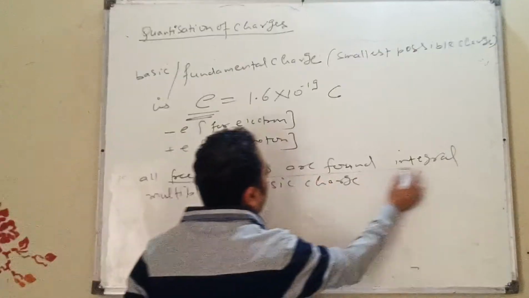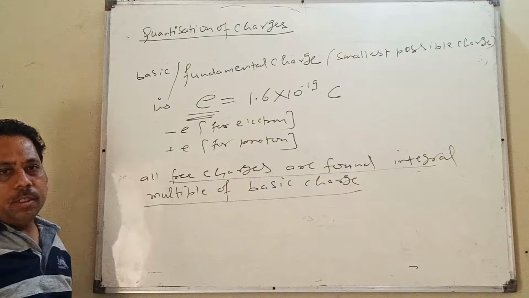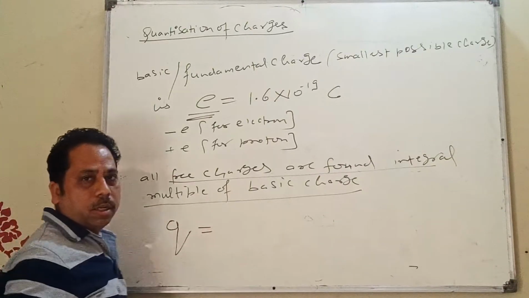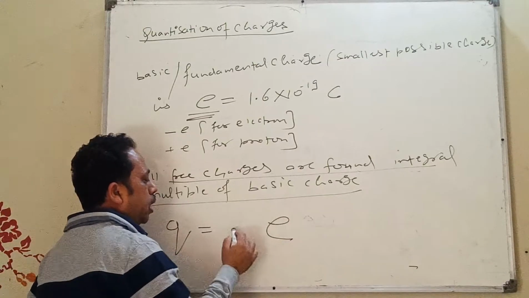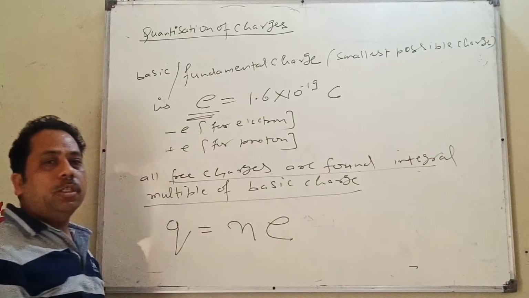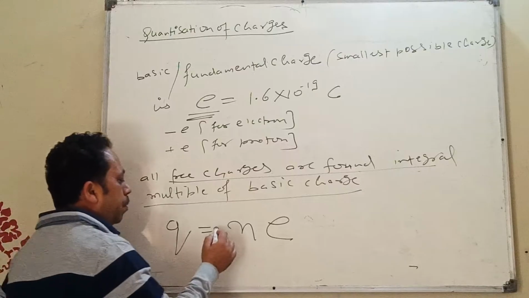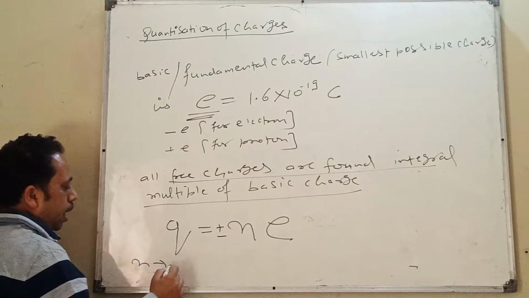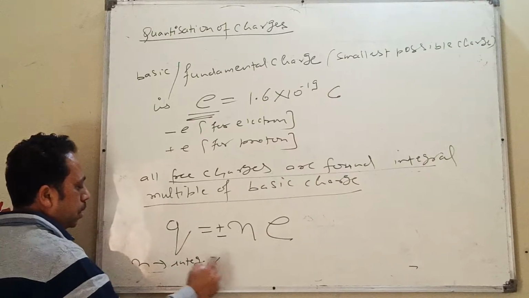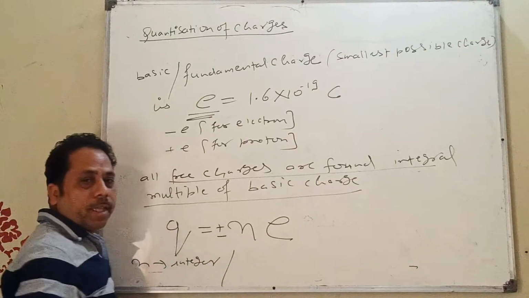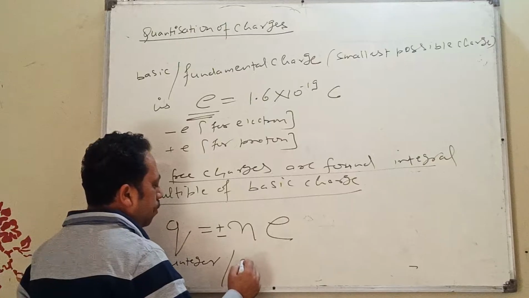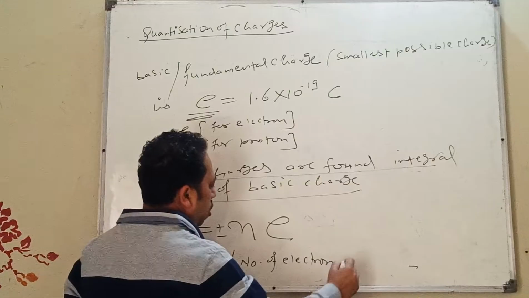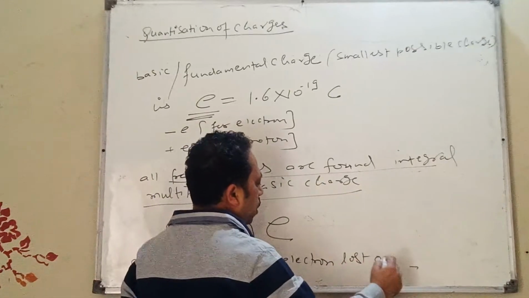This is very important. It can be positive or negative. What is n here? n is the integer, or you can say the number of electrons lost or gained by the body.